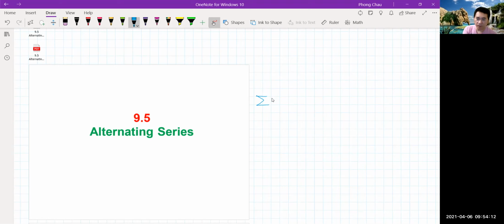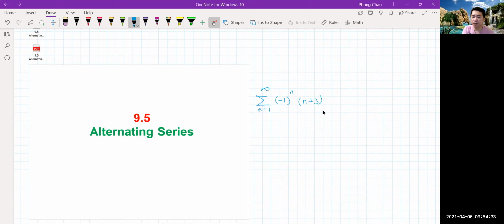For example, if I have negative 1 to the n power times n plus 3, from 1 to infinity.